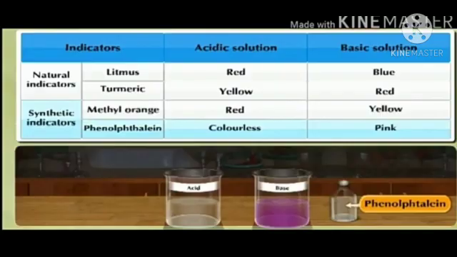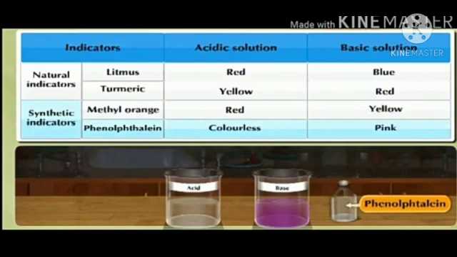Let's do an activity with the help of the indicator phenolphthalein, acid and base. In one beaker we will take acid, in the second beaker we will take base. First indicator, a natural indicator, is turmeric.